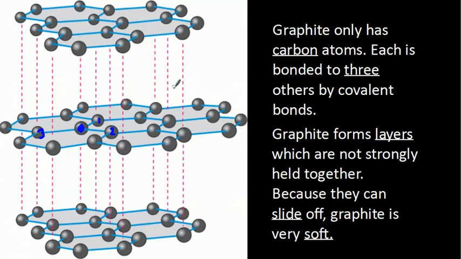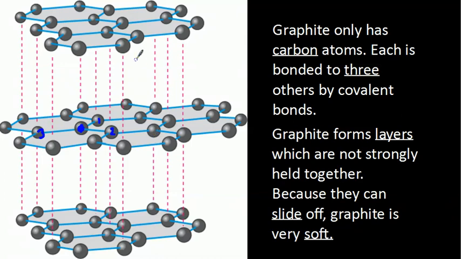And this dotted line represents the fact that we've got intermolecular forces between the layers, and they're forces, not bonds. They are not strongly held together. It is just through an electrostatic attraction between the layers.